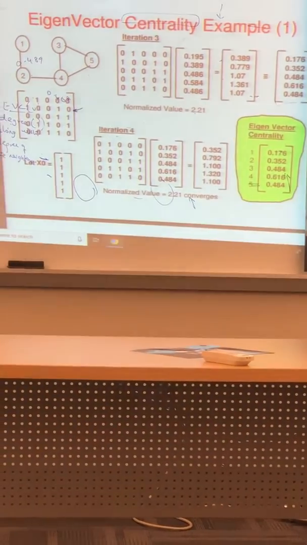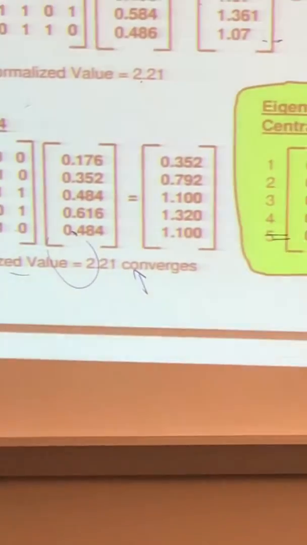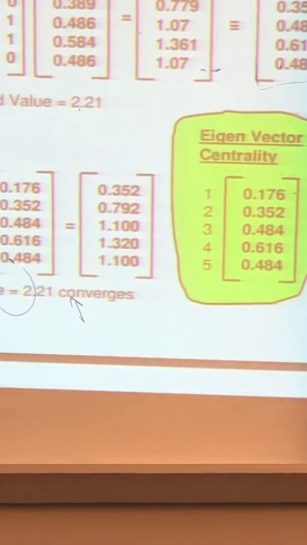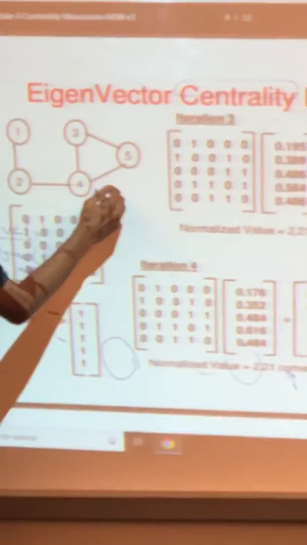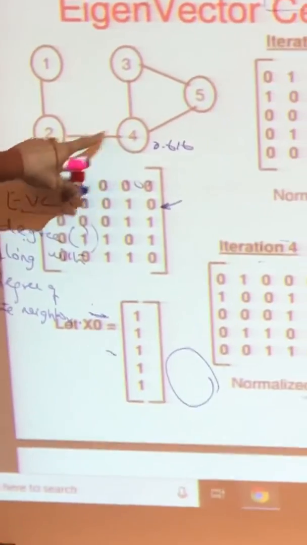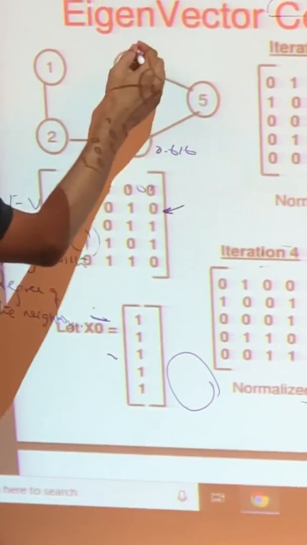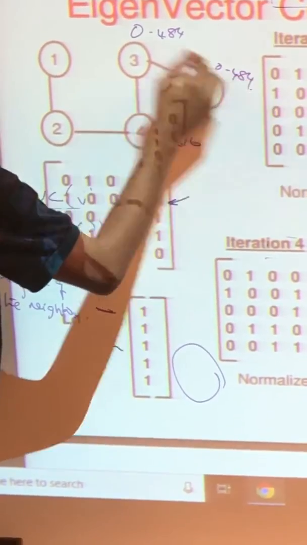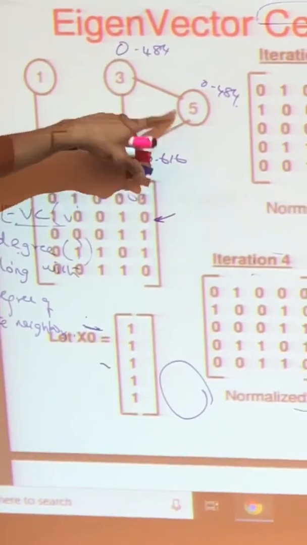So after 4 iterations, you actually get 2.21 and 2.21 in the third and fourth iteration for the normalized value. So these are the eigenvector centralities for the 5 vertices. Again, if you look at the numbers, vertex 4 has the largest eigenvector centrality of 0.616, because it has the largest degree as well as being connected to vertices 3 and 5, that have also larger degree relatively compared to 1 and larger eigenvector centrality.